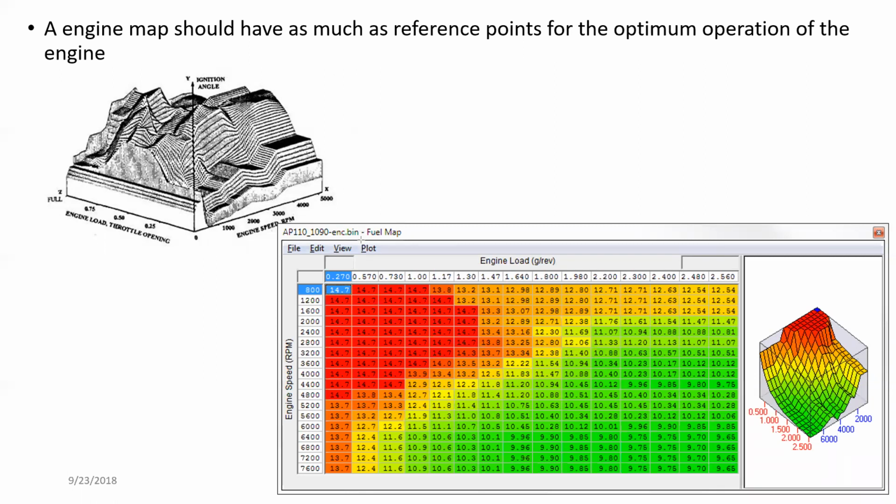At that time the engine has to decide whether it's close to 0.57 or 0.27. Whichever it's closer to, it will select that one, find the closest one, and based on that it finds the necessary actions. So having more reference points is actually better.